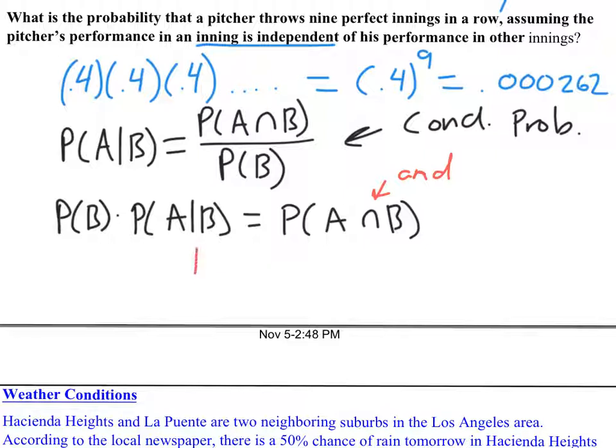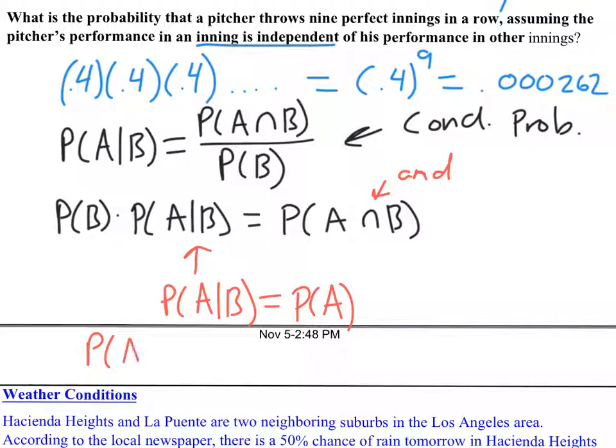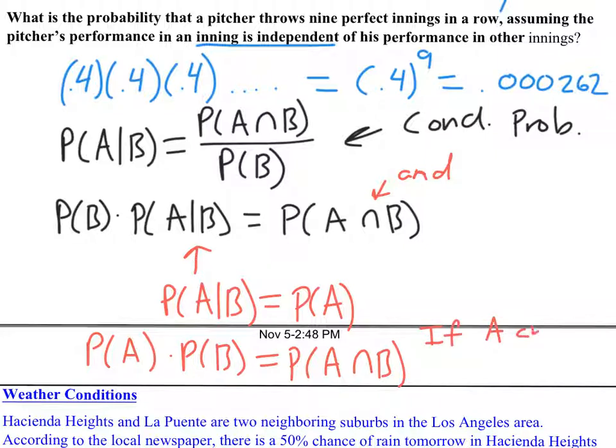But remember this. It told us in this problem that it was independent, which means the probability of A given B is the same as just the probability of A, right? Your condition wouldn't matter, which is why we could say probability of A times the probability of B. We don't have to pay any attention to the condition, if A and B are independent.